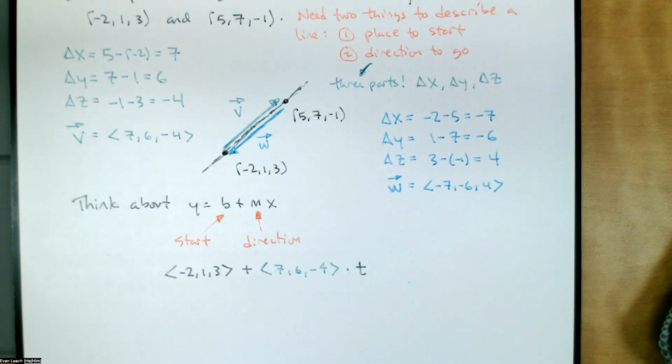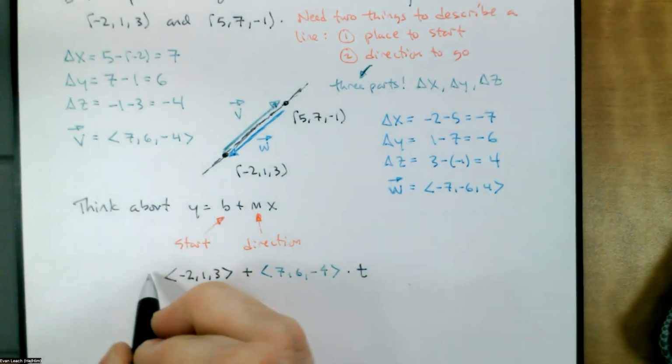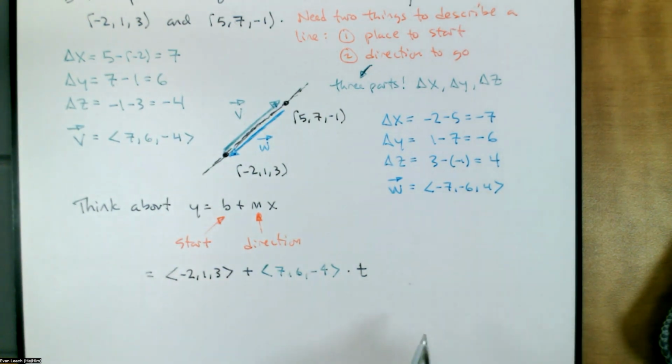Note that I changed referring to my starting point as an ordered triple in parentheses, and I traded it in with a vector. This is so I can add it to my direction vector. There's our equation of a line. I wrote it as a vector equation.